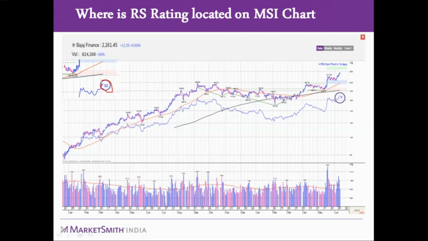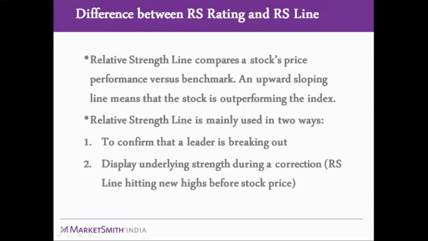Now don't get confused with the blue line. The blue line is the relative strength line, and there is a difference between the relative strength line and the relative strength rating. The relative strength line actually compares the stock's price performance versus the benchmark.